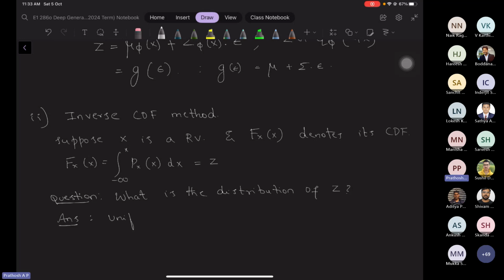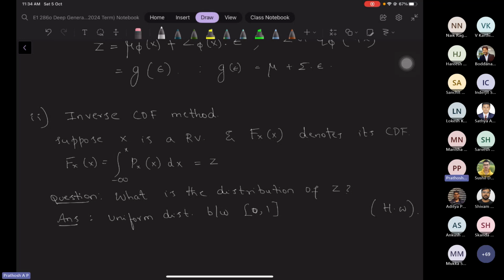It would be a uniform distribution between 0 and 1. So please take it as a small homework and show that the distribution of the CDF of any random variable is uniform between 0 and 1.